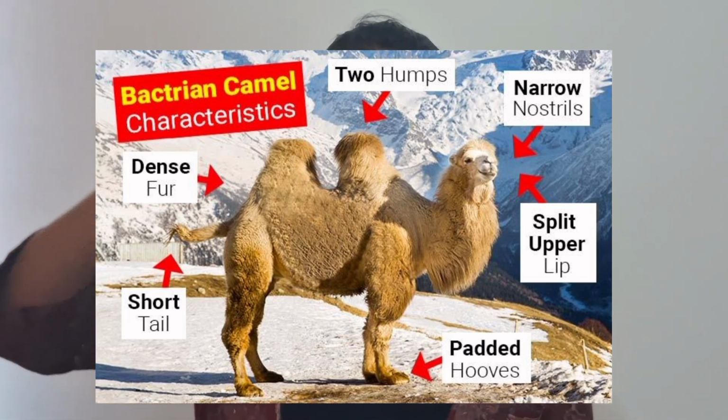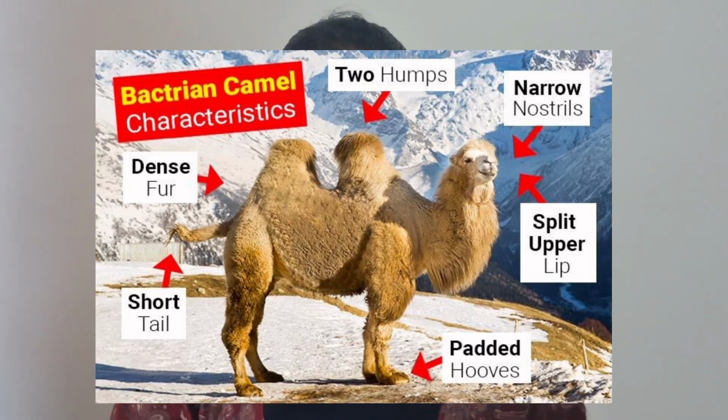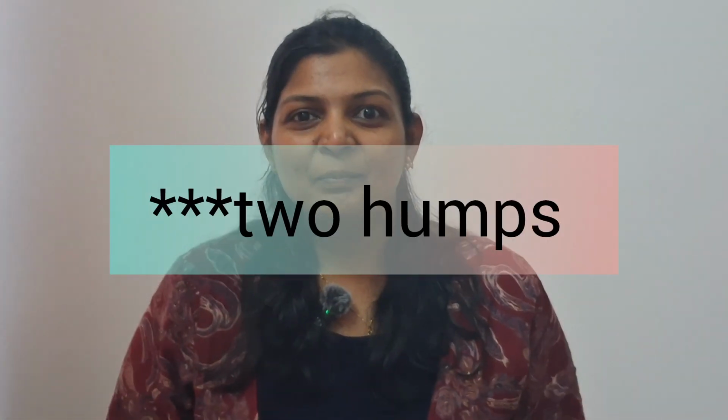That's why it has that special kind of adaptation. And what about the camels there? Have you observed? Their legs are not very long. They have short legs and one hump. These are some of the adaptations that these animals possess to live in that particular region.